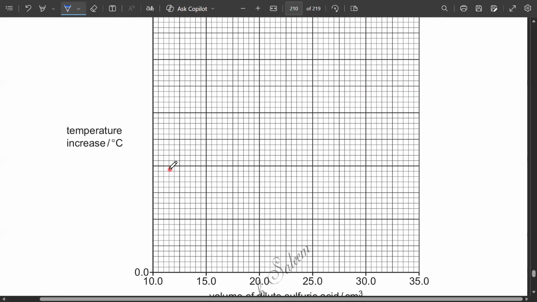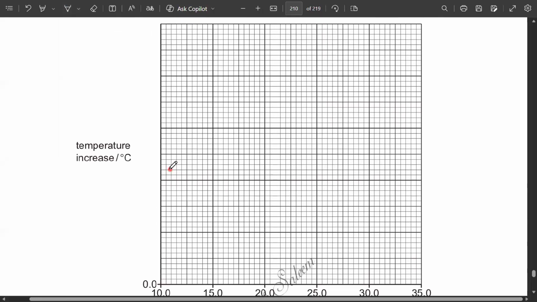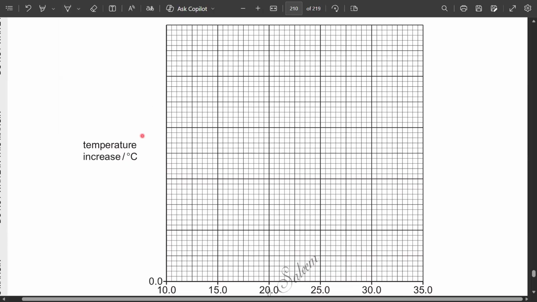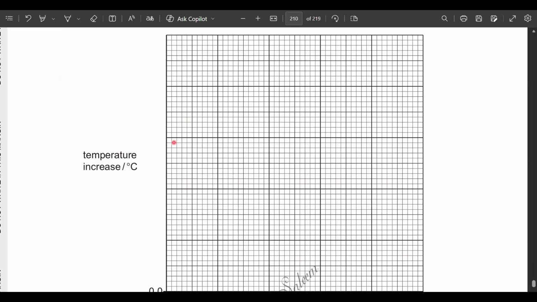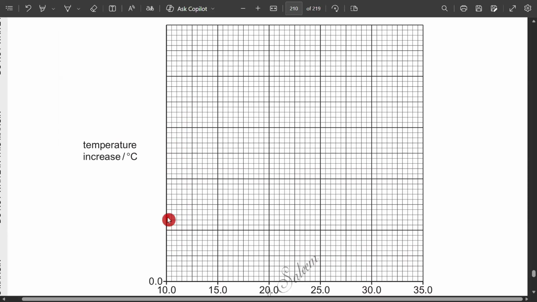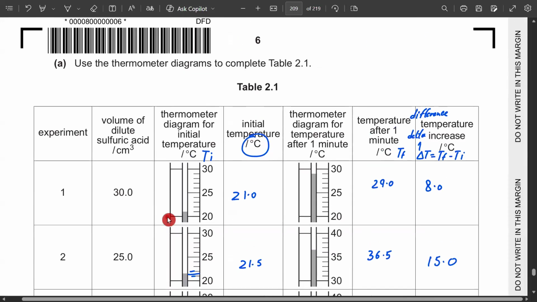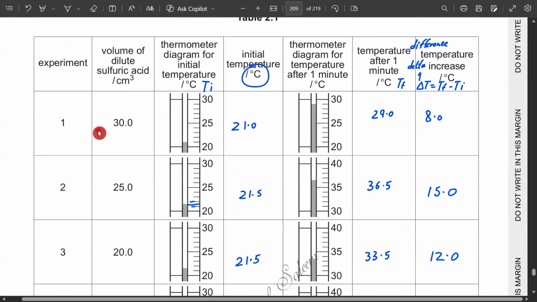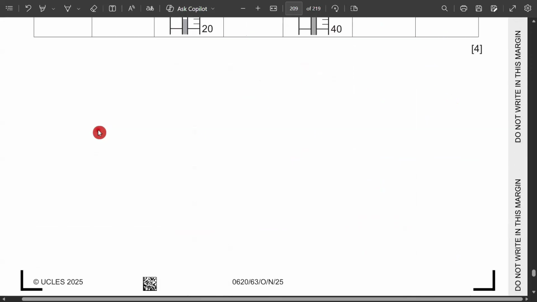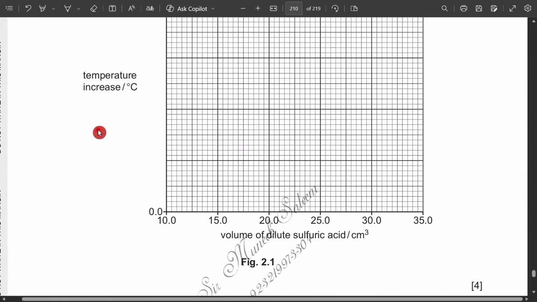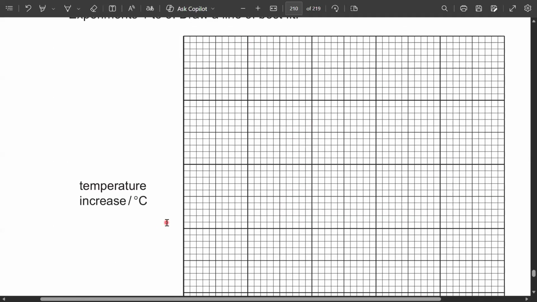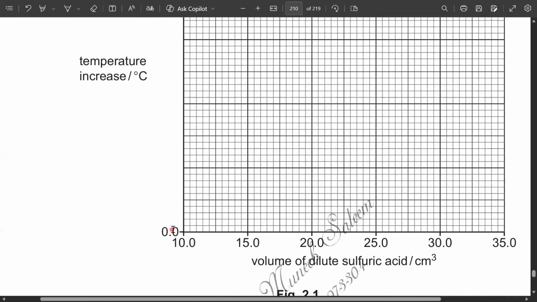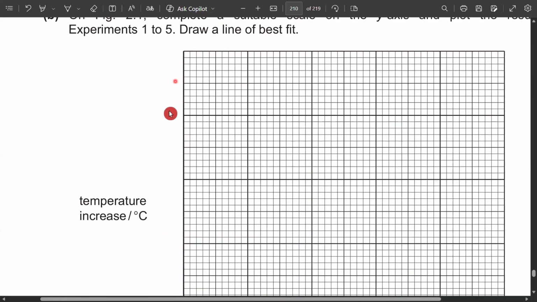I'm just going to put the points on the vertical side, and then I will match them along the x-axis. So first we had the 8 degree that belongs to the volume of 30. So we need to understand the values along the y-axis. If it is 0, this will be 10, 20, 30, 40, and so on.